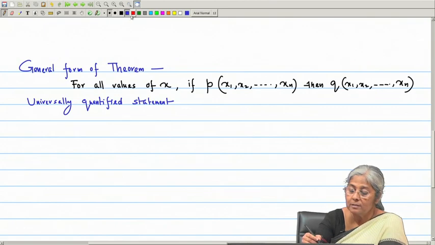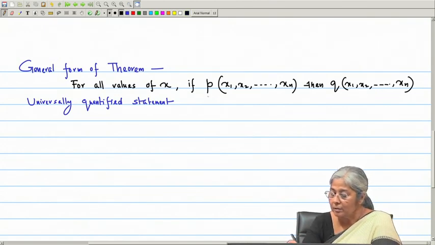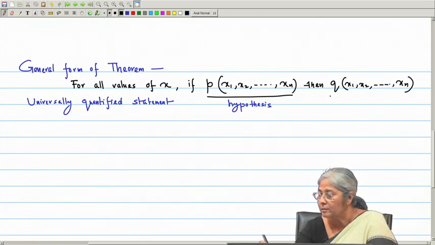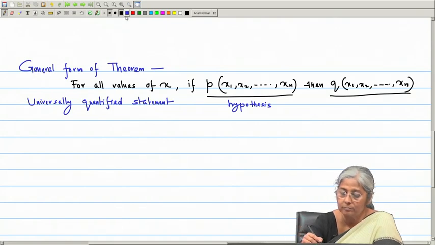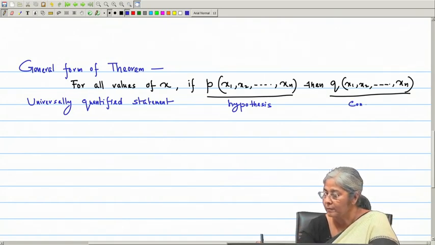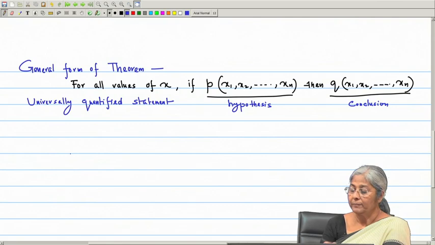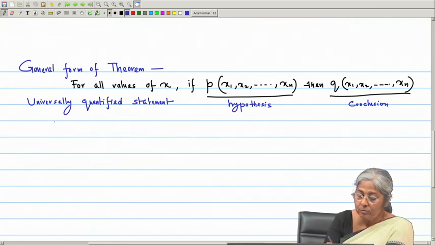Now, this is my hypothesis, and this is my conclusion. So, given this proposition, if P is true, what do we have to prove?